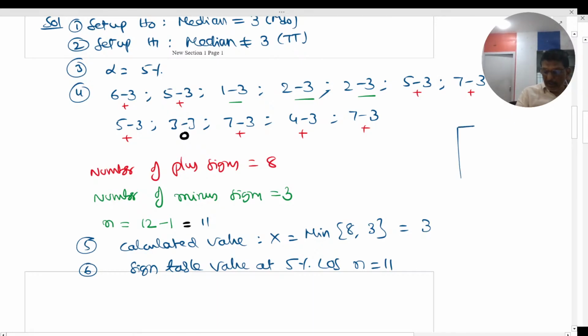So for 11, corresponding to the 5% LOS sign table value, two-tail test, it is equal to 1.